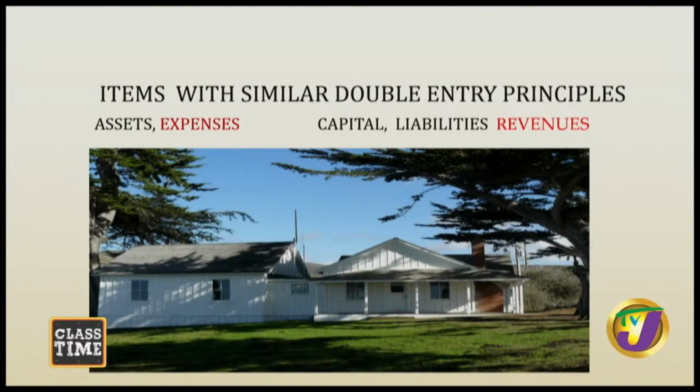And in subsequent class, you will learn that sometimes assets may get a visitor at home, which is known as expenses, which share its increasing side. And also revenues will become capital and liabilities visitor, which also share their increasing side, but that's for our next class.